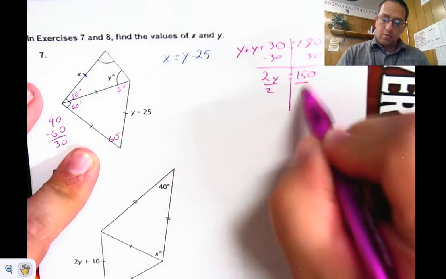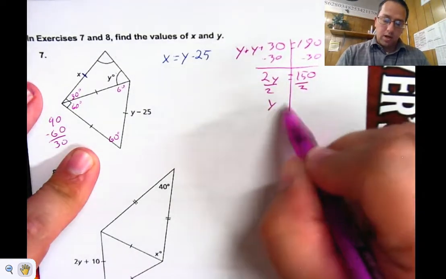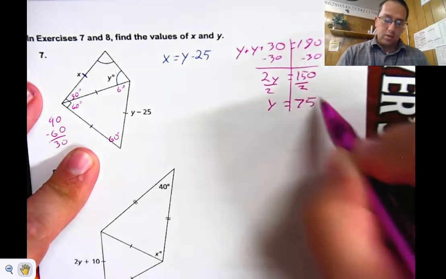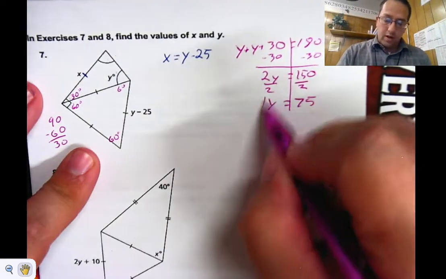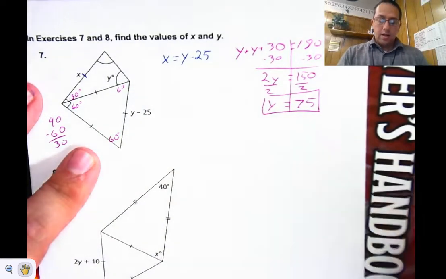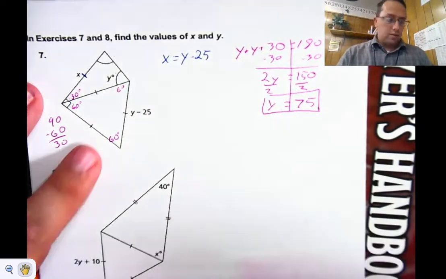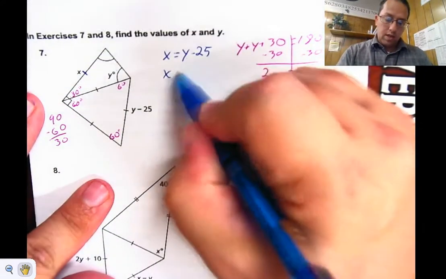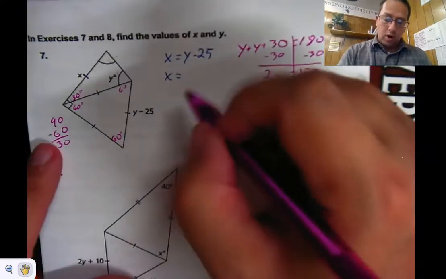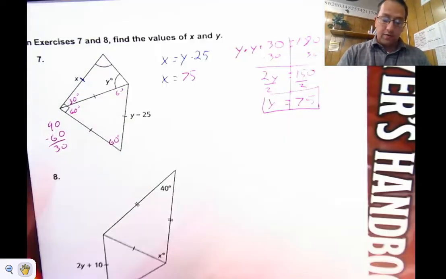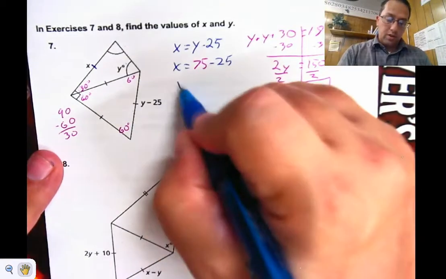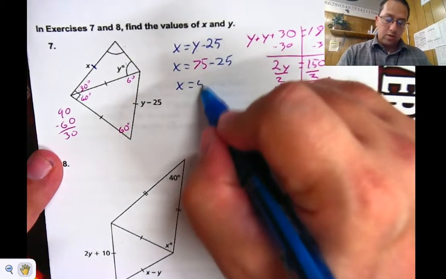Divide by 2 on both sides, and y is equal to 75 degrees. So there we go. I now have y. Now that I have y, I can figure out what x is. x is equal to y, which I now know to be 75, minus 25, and so x is equal to 50.